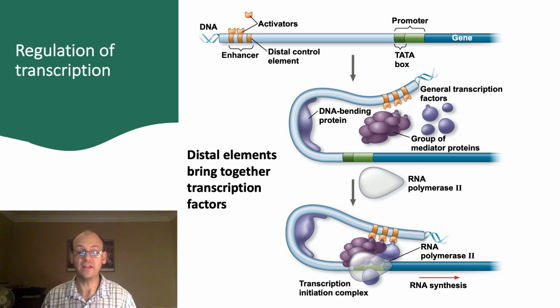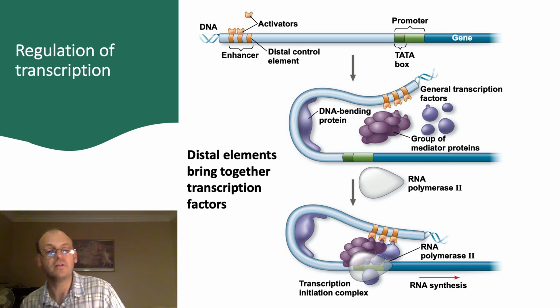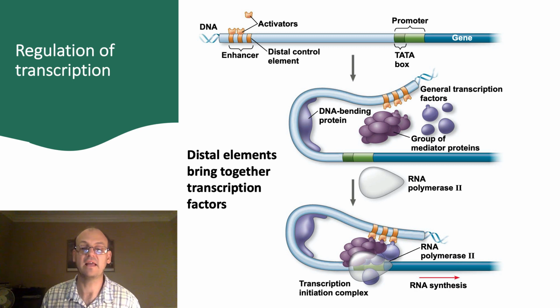In fact, they don't need to be upstream of the gene at all. They may be downstream of the entire gene, or they may be in an intron. The important thing is that they bring together different proteins into the correct place so that transcription factors, both general and specific, are able to increase transcription rates.